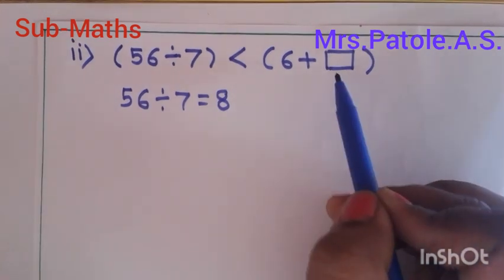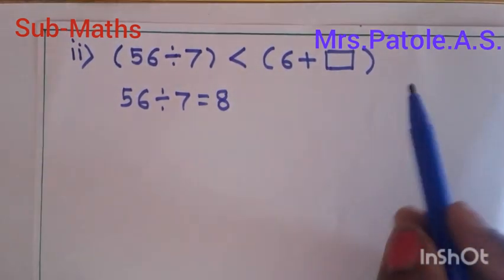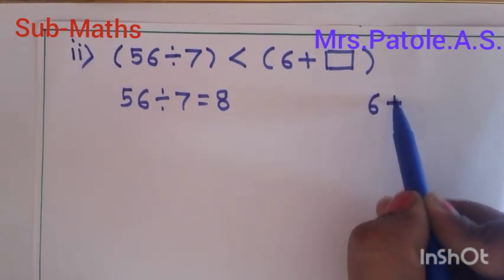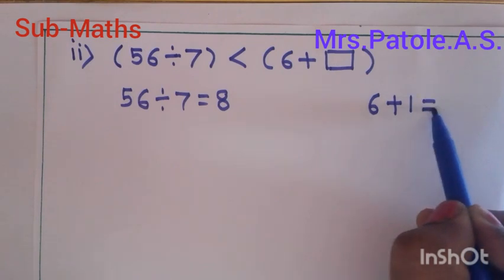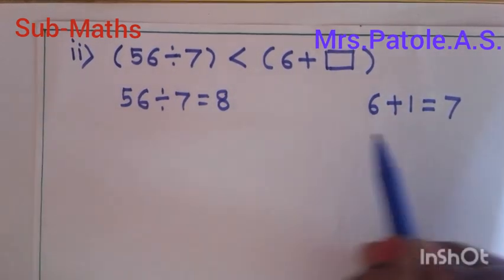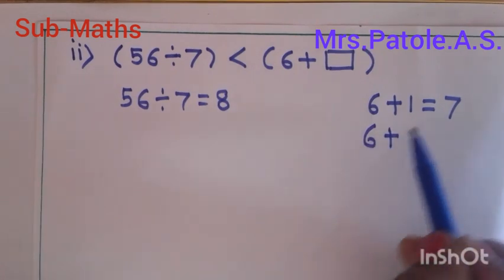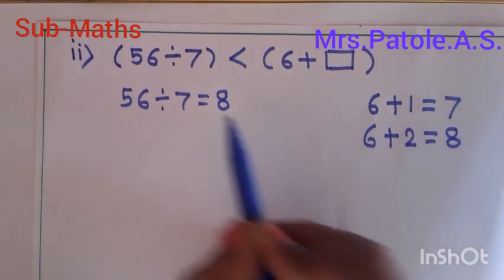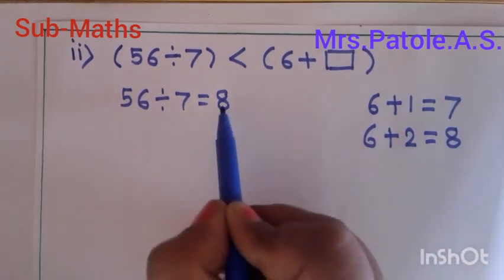So, we can try this expression with numbers. If we put 1 in the box, we get the answer 7. But 7 is less than 8. So, we put 2 instead of 1, we get the answer 8. This answer is equal to the first expression.